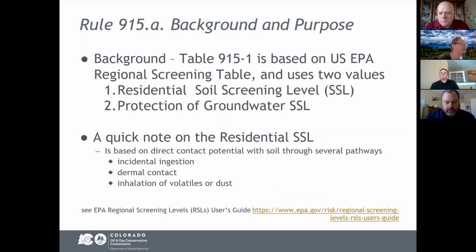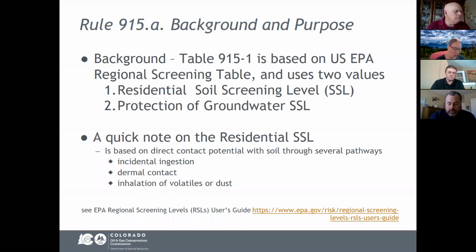So a little on the background. As stated, table 915-1 refers to the two potential cleanup concentrations for both organics and metals in soil. For residential, the resident is assumed to be exposed to contaminants by the following pathways: incidental ingestion of soil, dermal contact with soil, inhalation of volatiles, and fugitive dust.